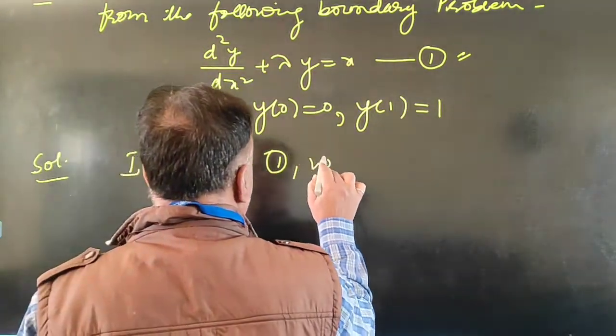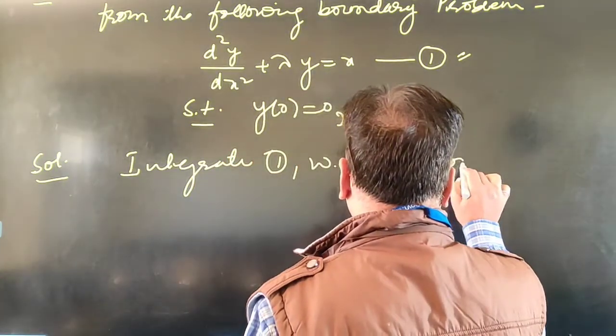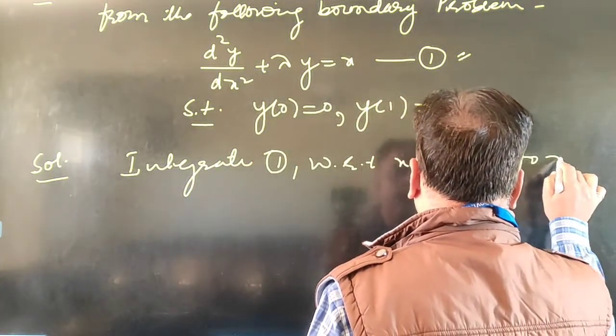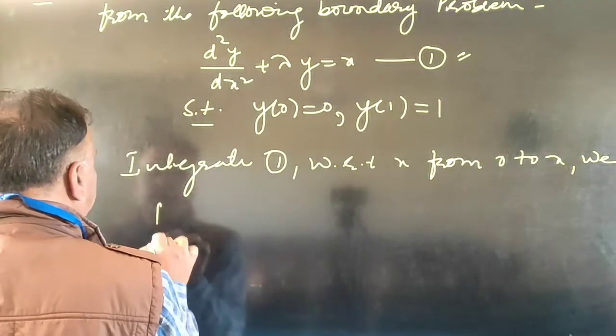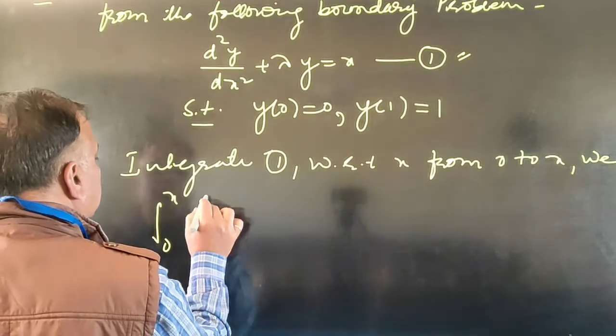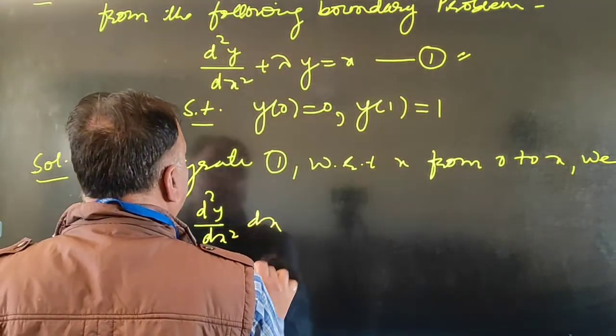Integrating with respect to x from 0 to x, we get integral 0 to x of d2y by dx square dx.